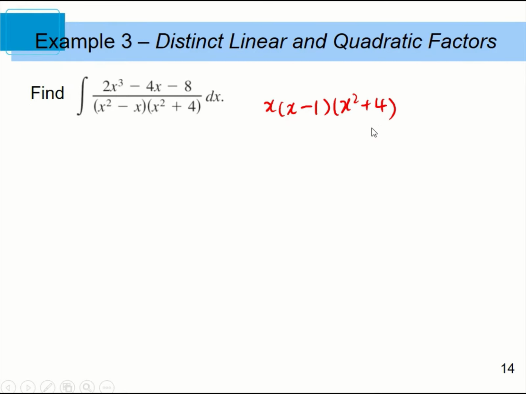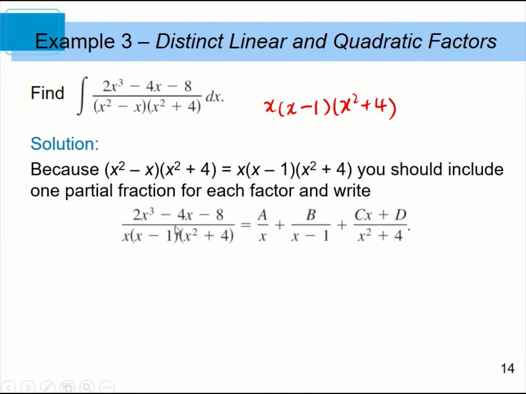And now we can actually split this function into 3 different functions. So we have A over x, B over x minus 1, and now I want to highlight the last one. The last factor here is actually x squared plus 4. So when we write the numerator here, it will be 1 degree less than the denominator.